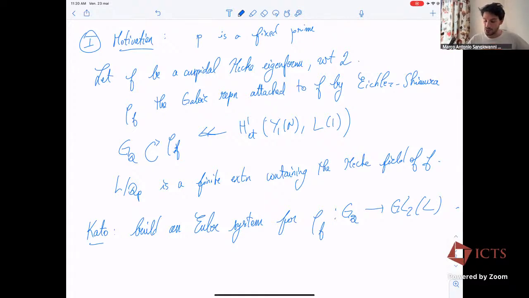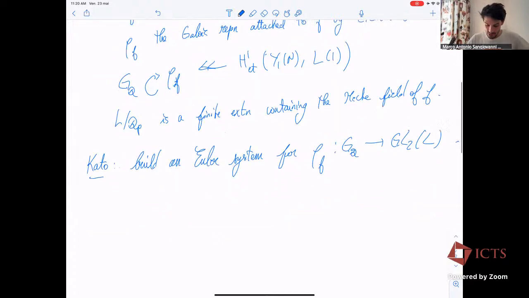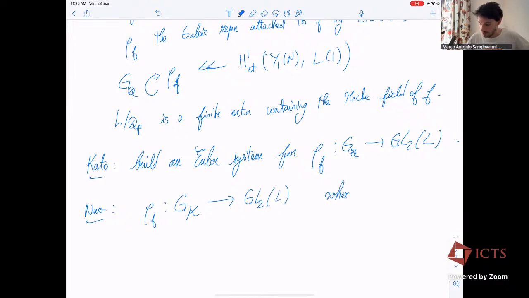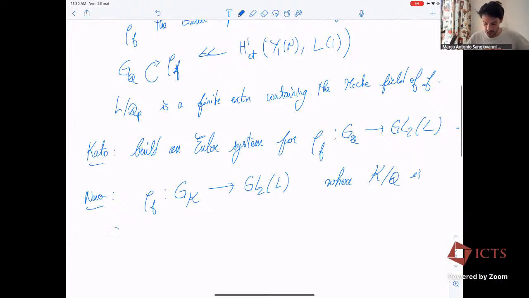And now the point of this talk is to try to understand what happens when we view rho f not as a Galois representation of the absolute Galois group of Q, but as a Galois representation of the Galois group of K, where K over Q is quadratic imaginary.